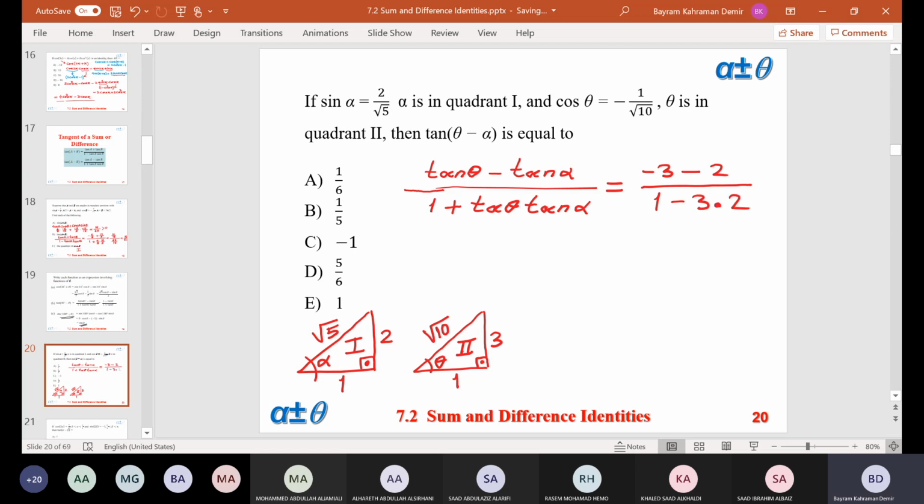So the result is -5 divided by -5. So the result is 1. Nice, interesting. If the numbers are a little bit complicated, just sketch the triangle so that you don't make a mistake.